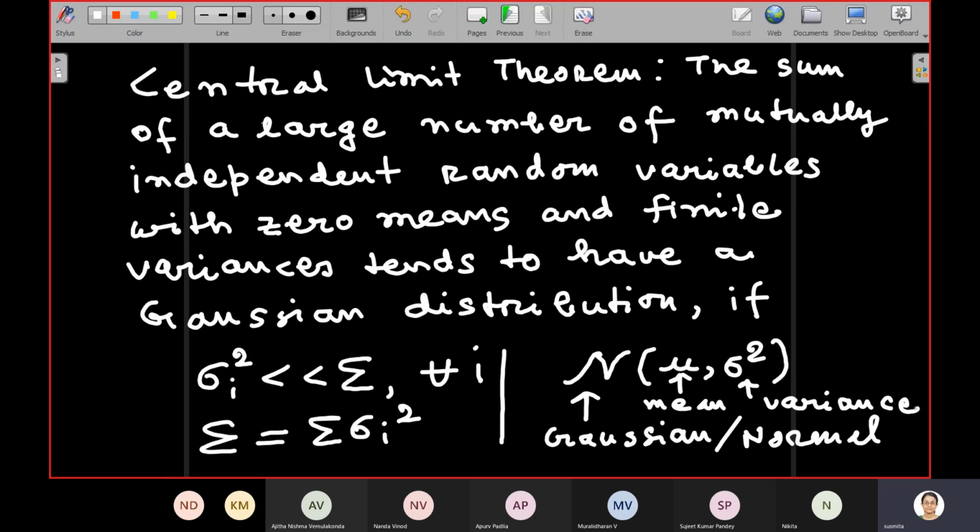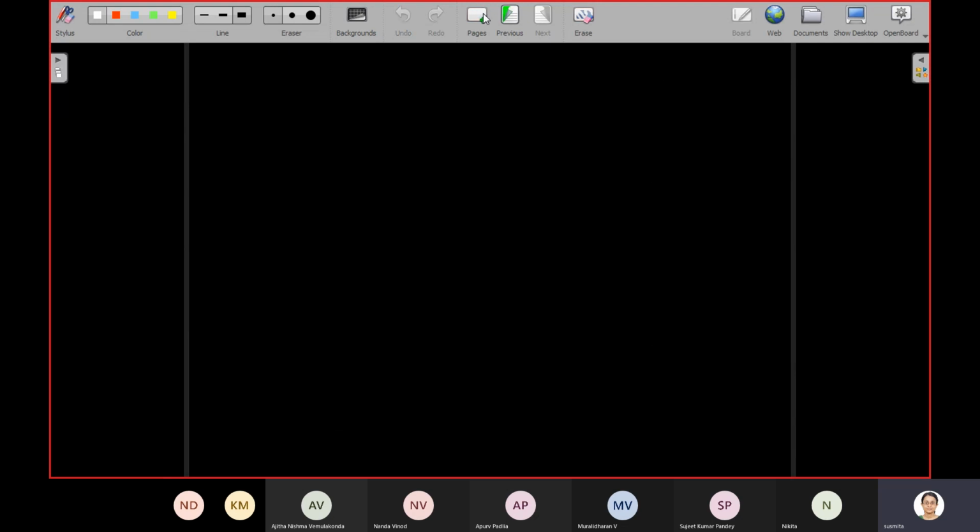Now let's express the theorem mathematically. Let's say we have n mutually independent random variables, where i is from 1 to n, and n is very high.